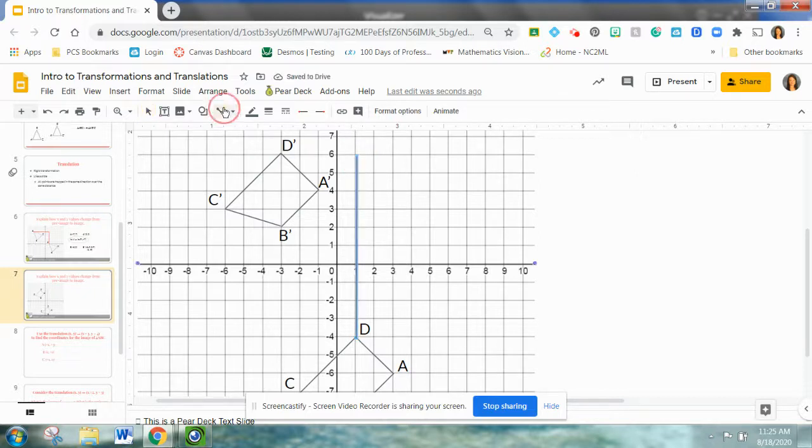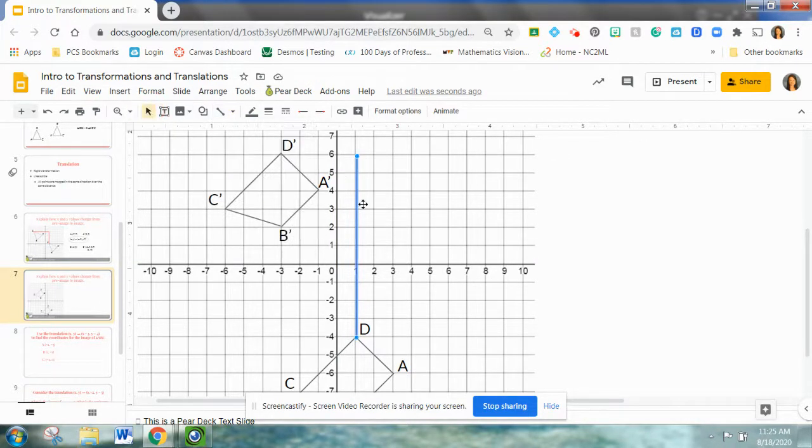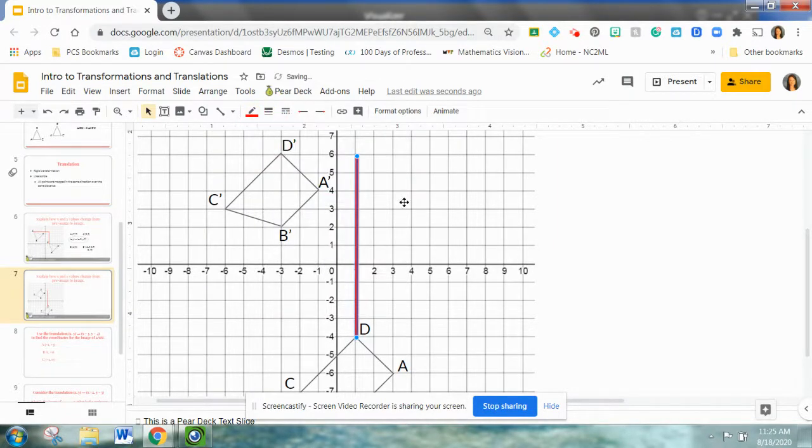If you do not feel confident doing without a line yet, that's fine as well. So I'm going to make this a little bit of a thicker line, and an easier to see line. And then I'm going to do another line showing me what happens with my X values.